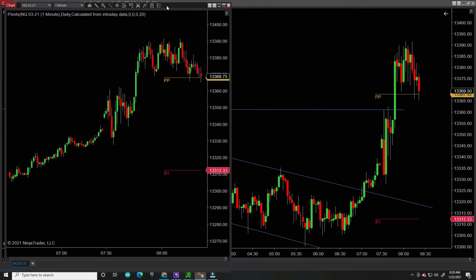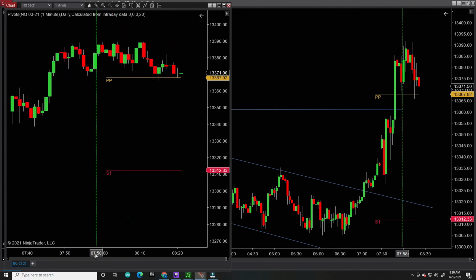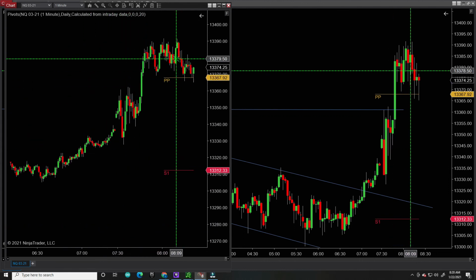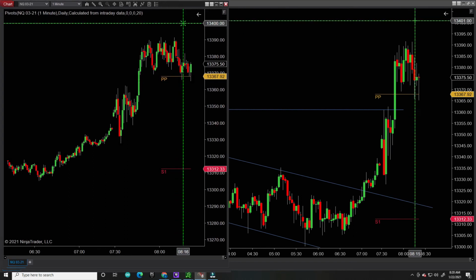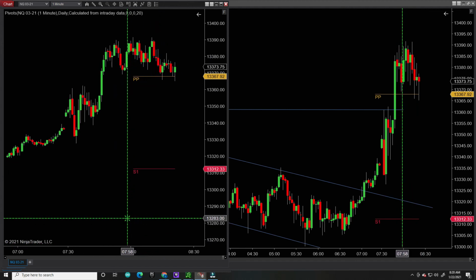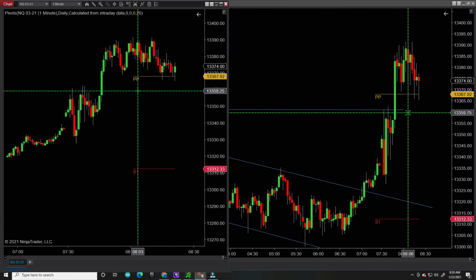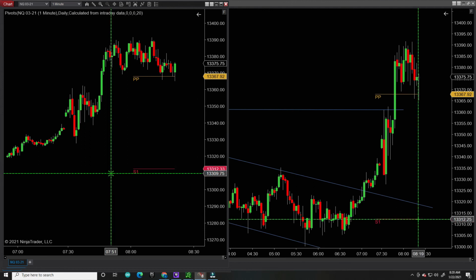There's the 1 minute chart, so I can watch very closely what's happening. The 1 minute chart is on the left, and the 3 minute chart is on the right. A little double bottom formed here on the 3 minute chart.